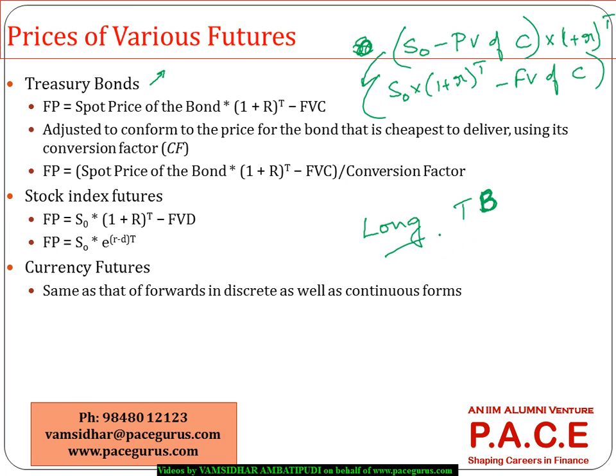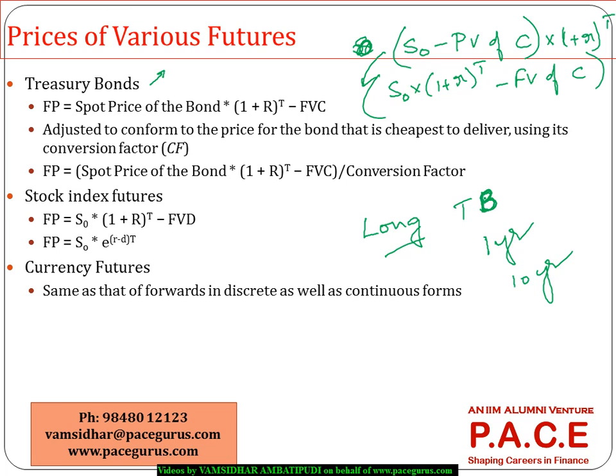The long wants to buy the bond in future. Let's say the futures contract is for 1 year, whereas the bond is a 10-year bond, and the current price of the bond is something.